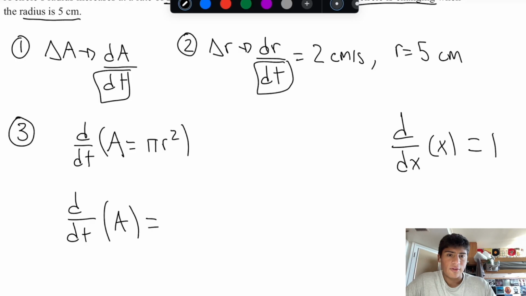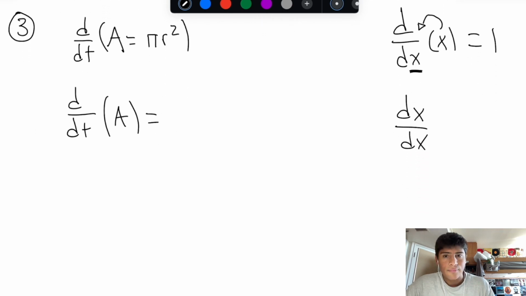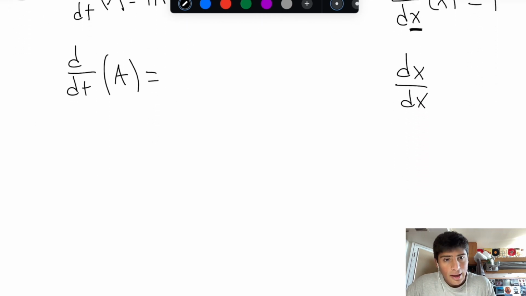The reason is because we're differentiating with respect to x. When we do a problem like this, one way that I like to think about it is you take this x and you bring it out and you put it next to that d. You get dx over dx. And these cancel out, and we get 1.